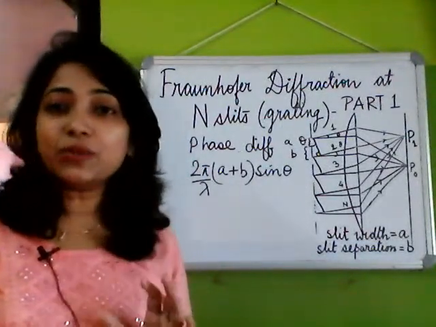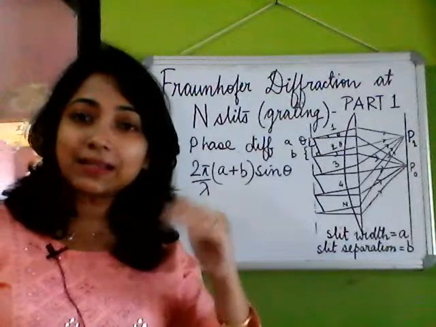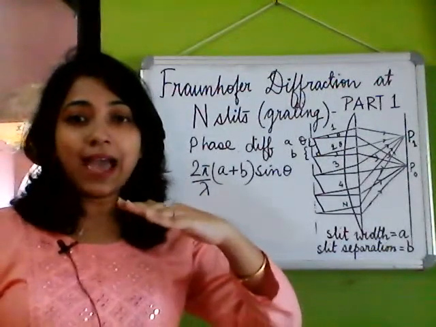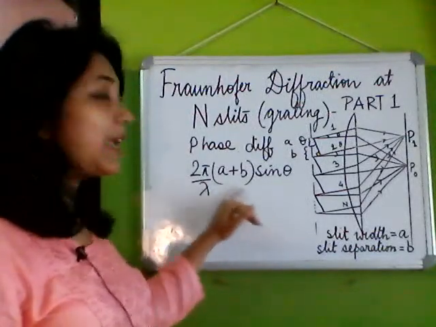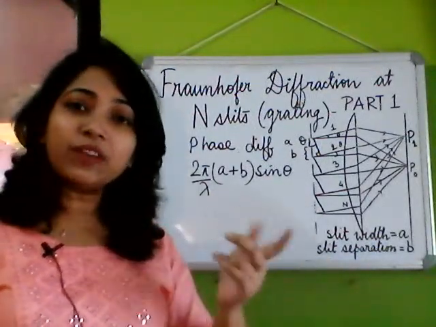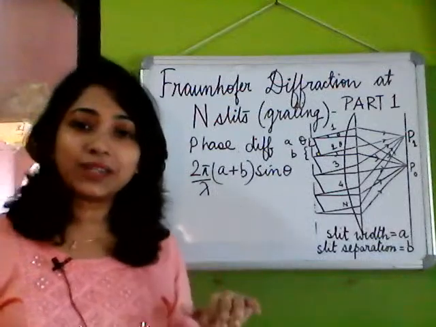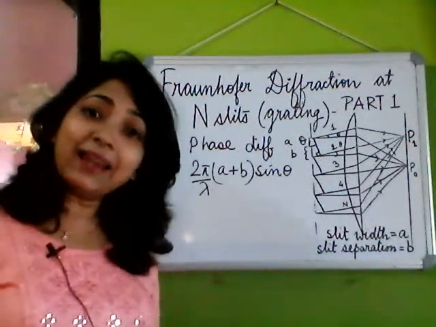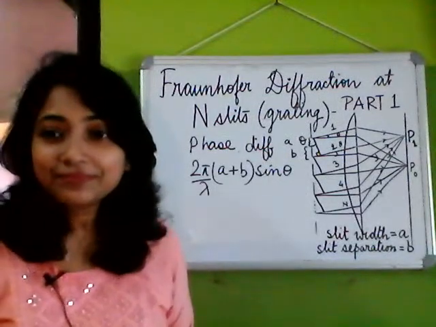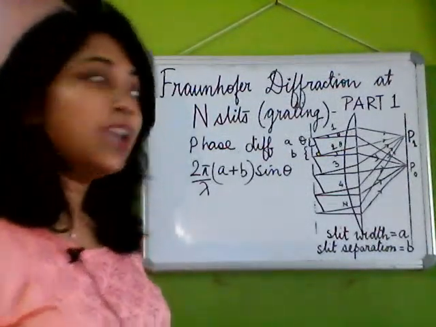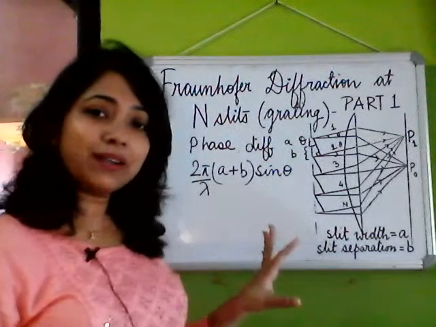And what is the relation between these n sources? Successive sources have a phase difference of 2 pi by lambda (a plus b) sine theta. The phase difference between 1 and 2 is this, 2 and 3 is this, 3 and 4 is this, and n minus 1 to n is also this. Correct? Yes, very good, Rupa. So we have understood this part.